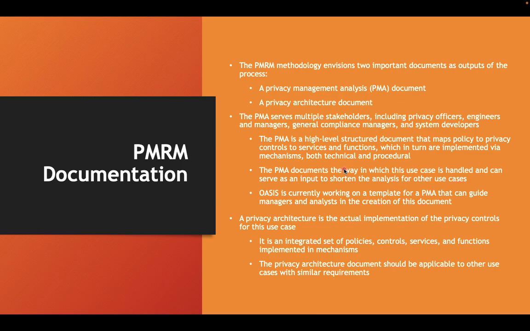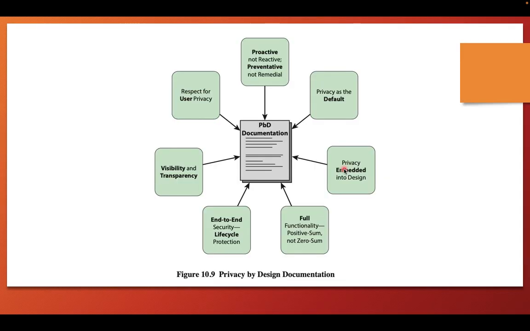The privacy architecture is the actual implementation of the privacy controls for the use case. It is an integrated set of policies, controls, services, and functions implemented in mechanisms that are operational and can solve the privacy issues in any given organization. The privacy architecture document should be applicable to other use cases with similar requirements.